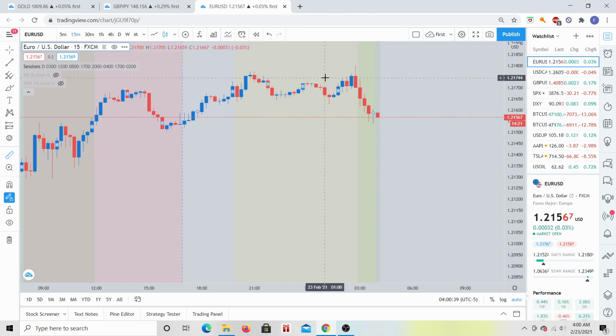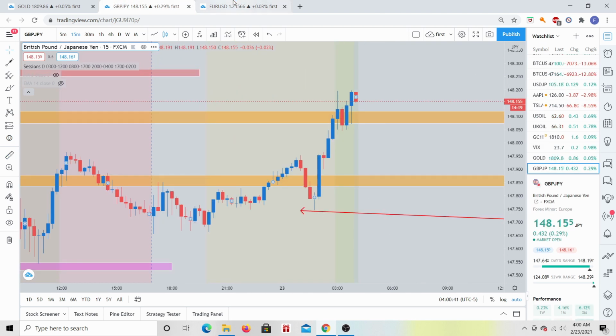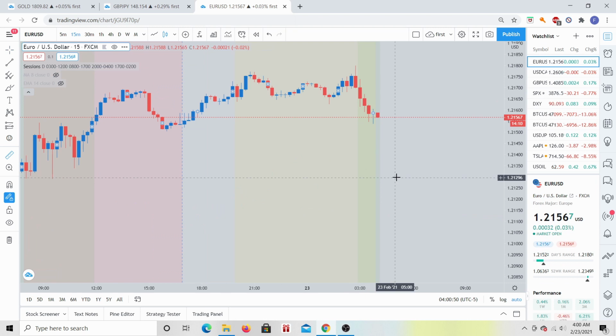So I think this all depends on how much time you have dedicated for trading, because if you're trading this pair, it's slow. So you're going to be in a trade for like, say, 2 hours, 3 hours before you see the result that you're looking for. Bear in mind, it can be a positive result, it can be a negative result, but do you have 2 to 3 hours to spend on that?